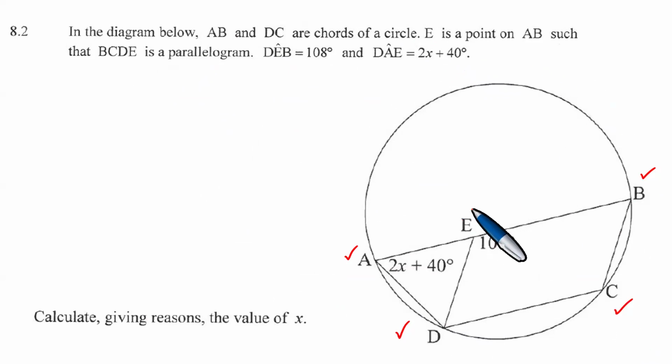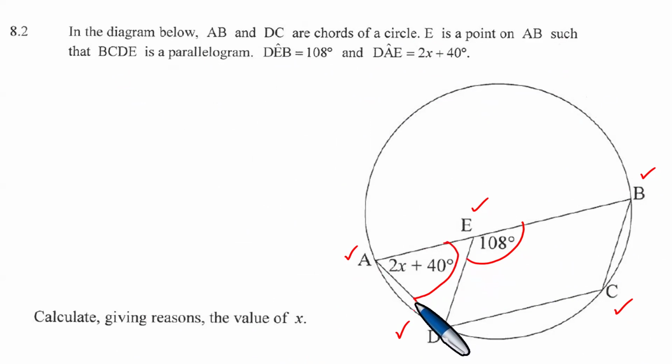E is a point on AB such that BCDE is a parallelogram. DEB is 180 degrees. And DAE is 2x plus 40 degrees. Calculate, giving reasons, the value of x.